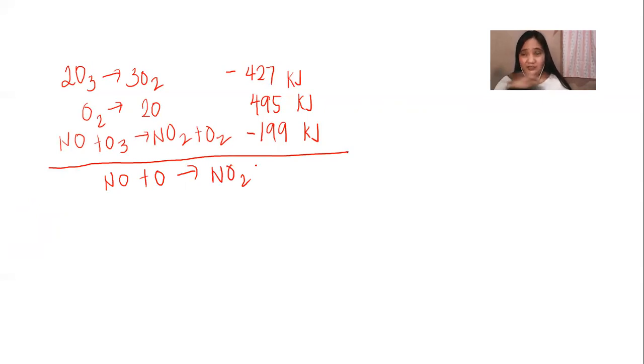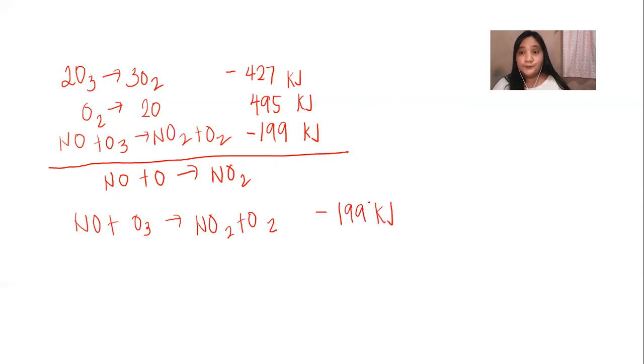And as I said a few moments ago, look for an element that is unique. In this case, NO is unique. So I'll just let it stay there. Let's rewrite that. I won't make any changes to NO. That's NO2 plus O2, and that's a negative 199 kJ.